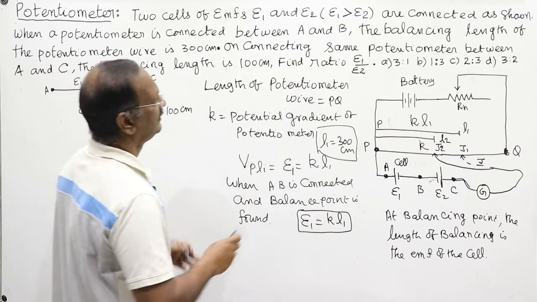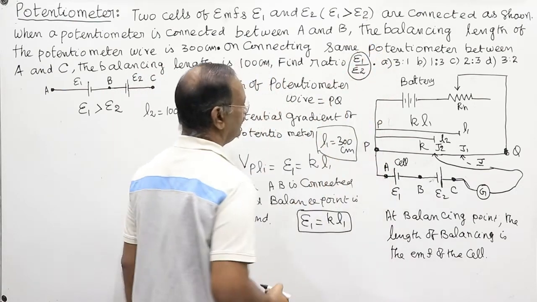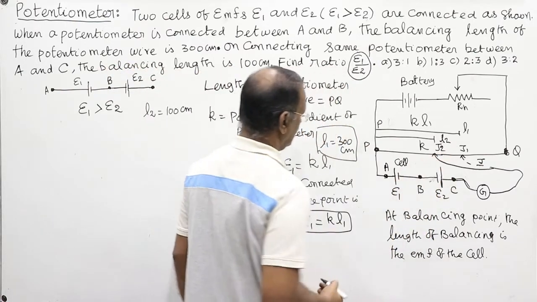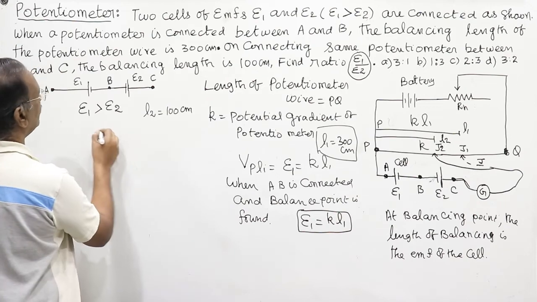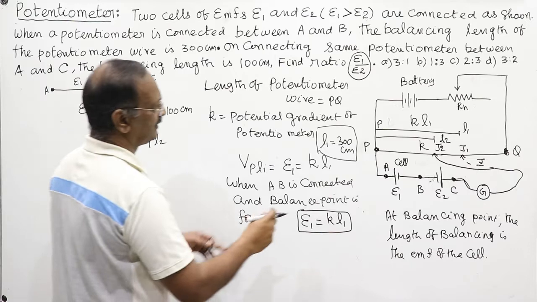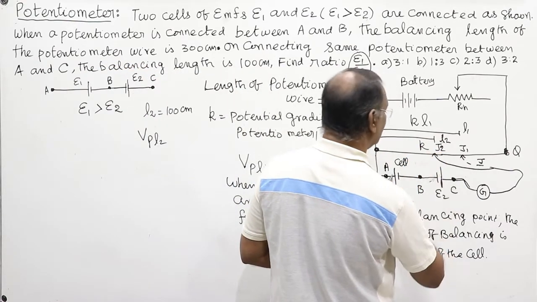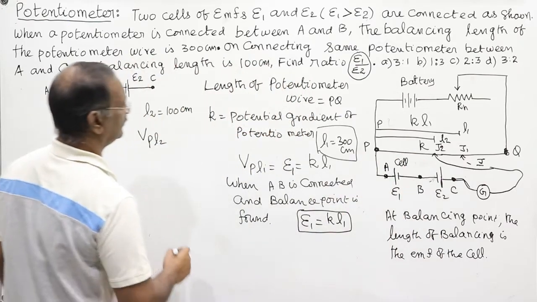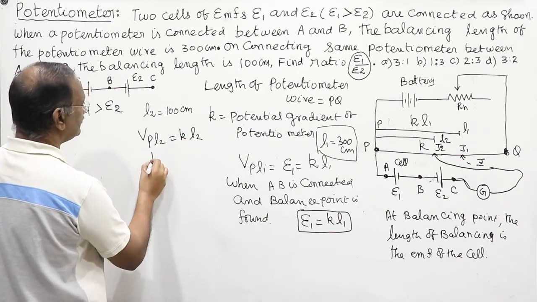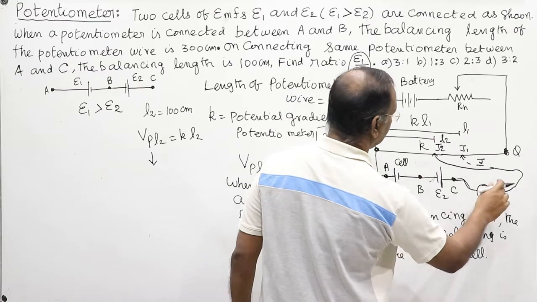We have to find the ratio of the EMF of the first cell and the EMF of the second cell. This is the balancing condition. Now we can write that the potential difference V = K L2 is equal to the EMF of both the batteries, because both the batteries are connected in series.